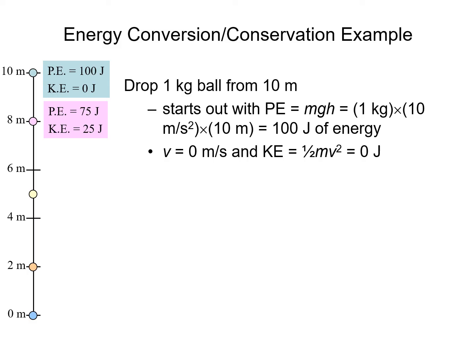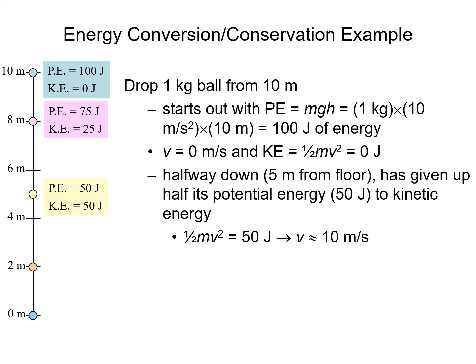And what happens is, as it gets lower toward the ground, the amount of potential energy goes down. But what's happening to that potential energy is it's changing into kinetic energy. The ball goes faster and faster. By the time the ball is halfway down at 5 meters high, it's lost half of its potential energy. But if we ignore air resistance, then that 50 joules of potential energy that's, quote, lost has actually changed into kinetic energy.